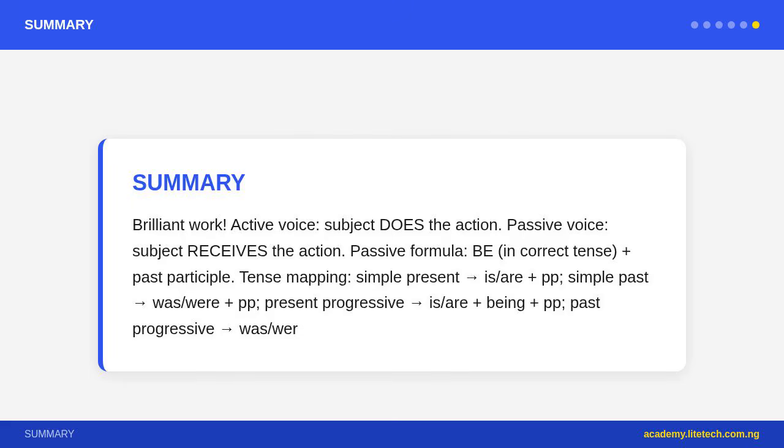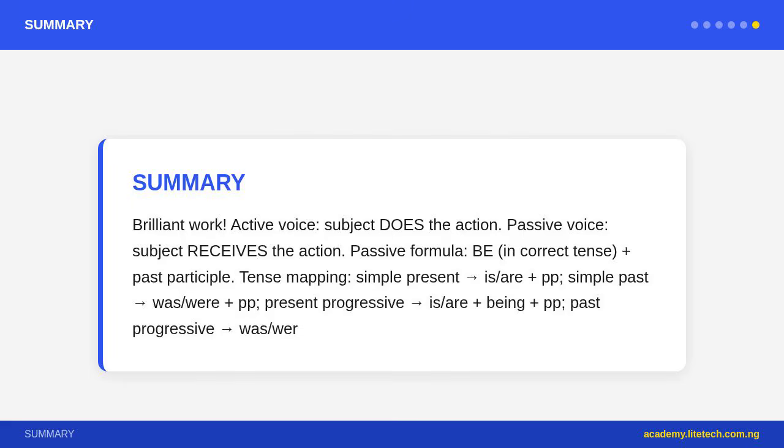Tense mapping: simple present is/am/are plus pp; simple past was/were plus pp; present progressive is/am/are plus being plus pp; past progressive was/were plus being plus pp; present perfect has/have plus been plus pp; future will plus be plus pp; modals: modal plus be plus pp. Use passive when the agent is unknown, unimportant, or deliberately omitted, in formal or scientific writing, or when the receiver is more important than the doer.